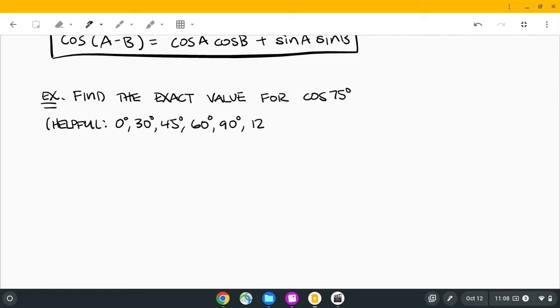Like 120, 135, 150, 180. You can stop here. You'll probably be able to find two angles that work if you do 0 to 180 and all of the reference angles in quadrant 2.